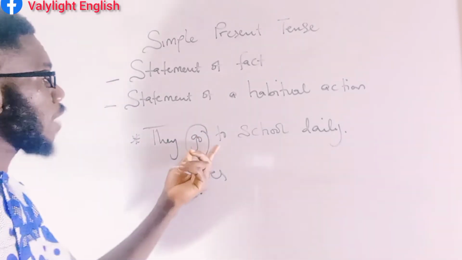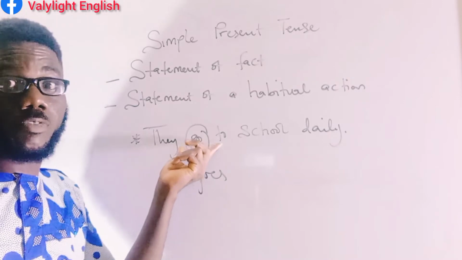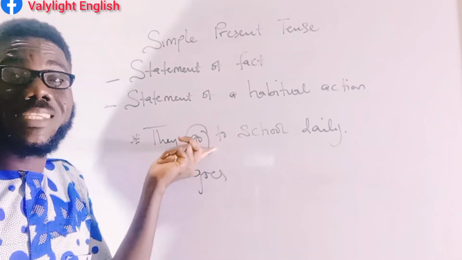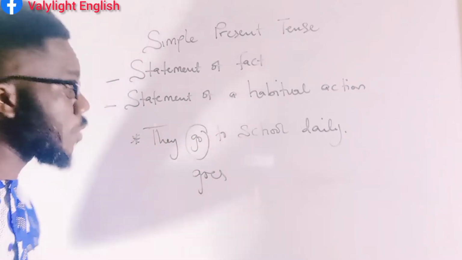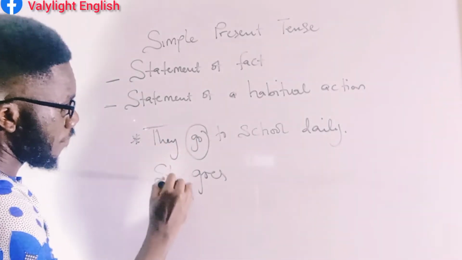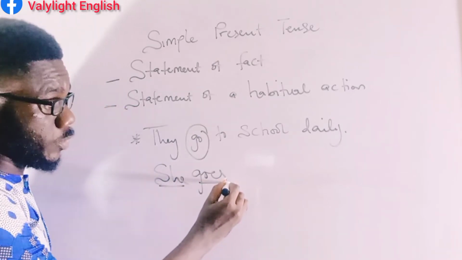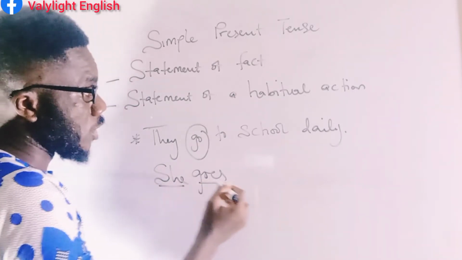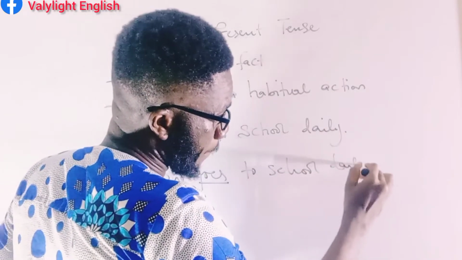So whenever the subject appears in the plural form, the verb should be in the plural form, the root form: they go. Had it been she, because this is singular, the verb should also be singular. You would have had: she goes to school daily.